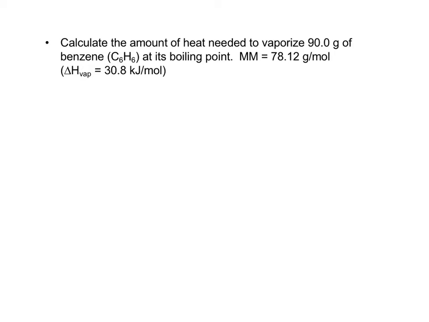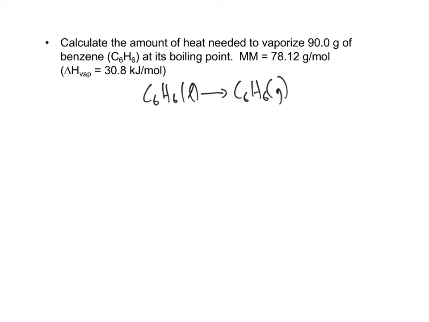So, as an example problem, if we wanted to calculate the amount of heat needed to vaporize 90 grams of benzene at its boiling point, so what we have is we're boiling benzene, so it's going from a liquid, C6H6 liquid, to C6H6 gas.